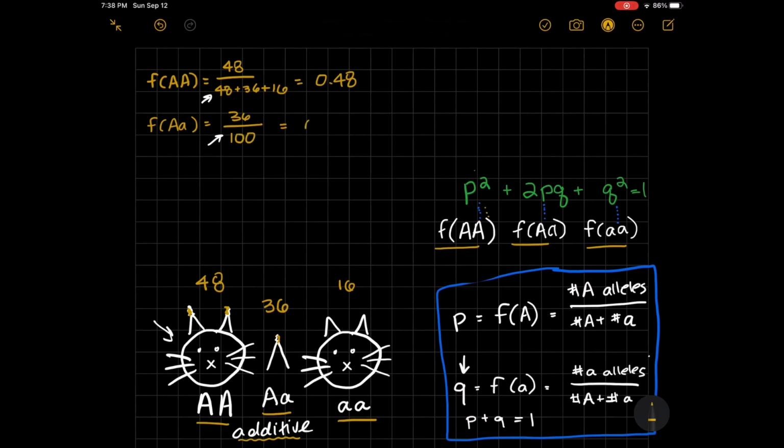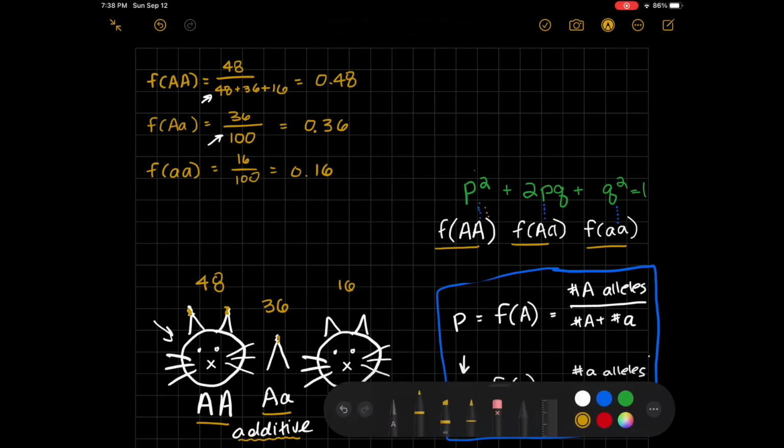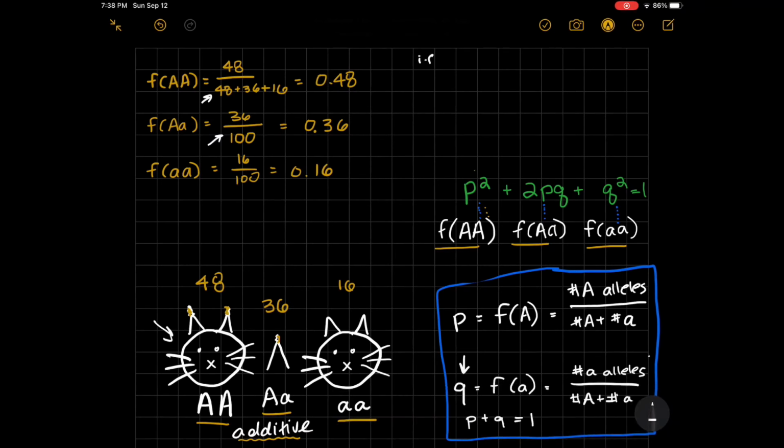It's going to make me have to fudge a number later. So 0.36, that's our frequency of big A, little a's. Our frequency of little a cats, our short tufts or no tufts at all, is just going to be 16 over 100, or 0.16.